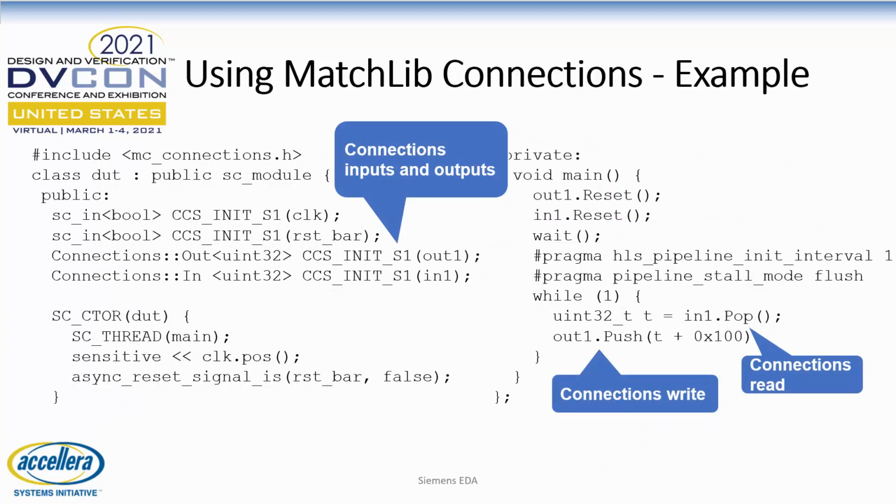The example below demonstrates how to use the MatchLib Connections library in a SystemC design. The code on the left includes the MatchLib Connections library, defines a SystemC module, and then defines instances of connections interfaces for both inputs and outputs.